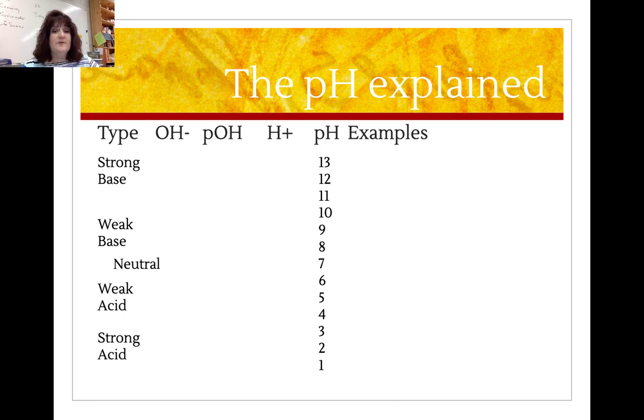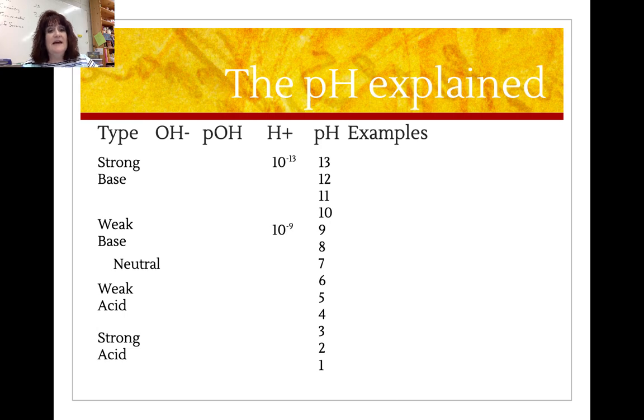Okay, now you're going to jump over to the H+ column. In the H+ column, this is the concentration, and we're going to talk about that in a minute, the concentration of H+ in the solution. So a pH of 13 has an H+ of 10 to the negative 13.